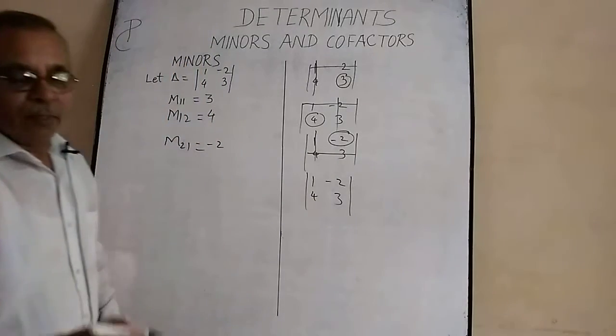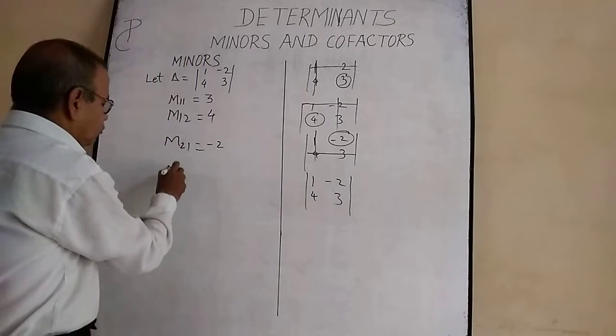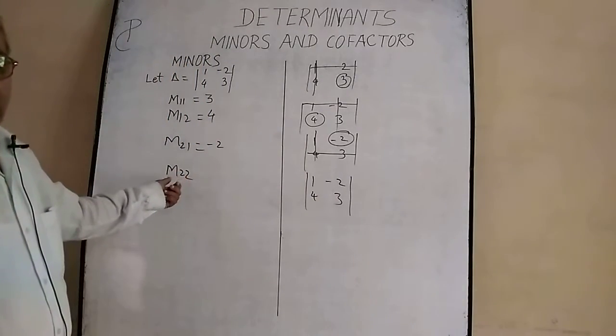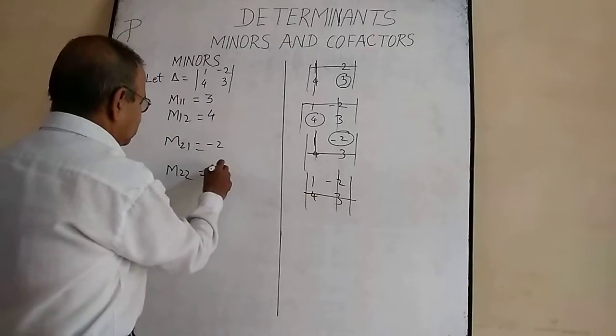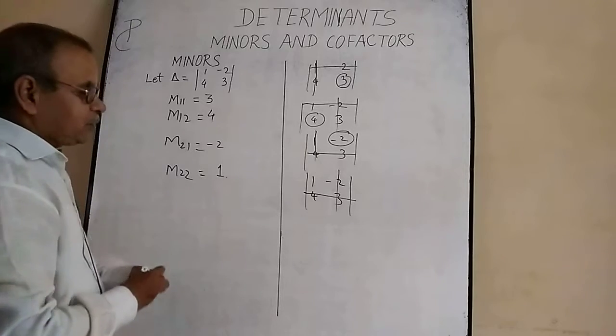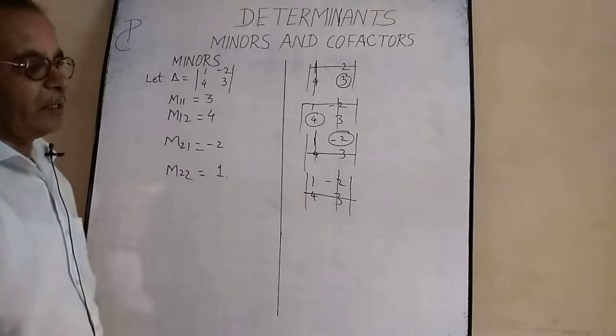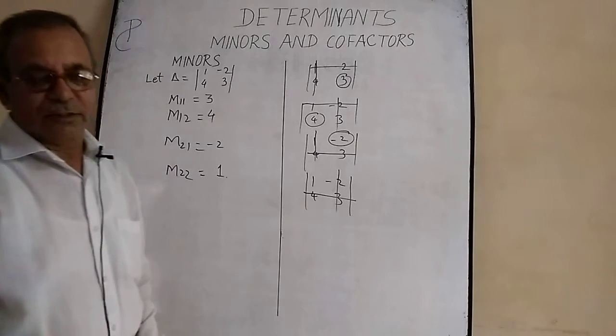And when we take M22, meaning second row, second column, we take it like this and it is equal to 1. So this is how we find our minors.